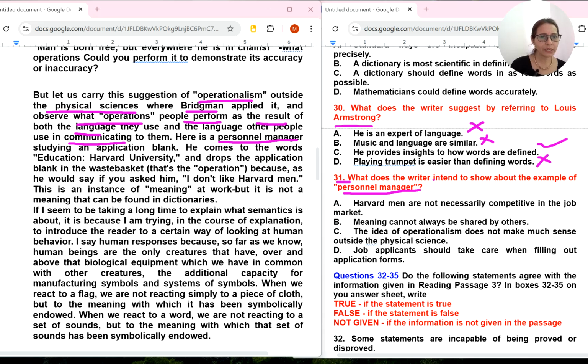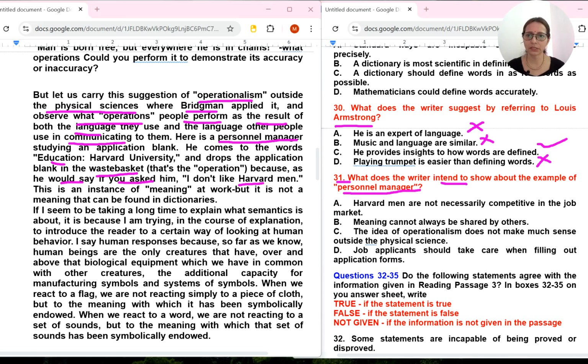What does the writer intend to show about the example? Why has he given this example of the personal manager? Let's read it. He comes to the words education, Harvard University, and drops the application blank in the waste basket, because, as he would say if you ask him, I don't like Harvard men.